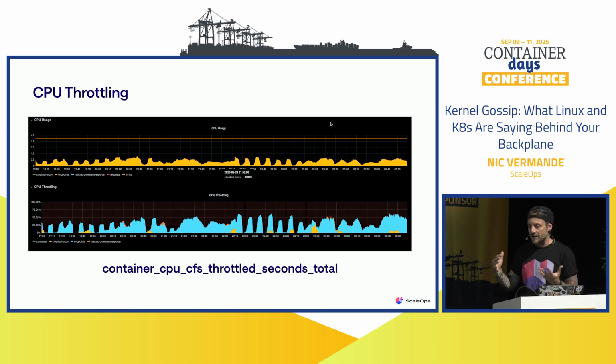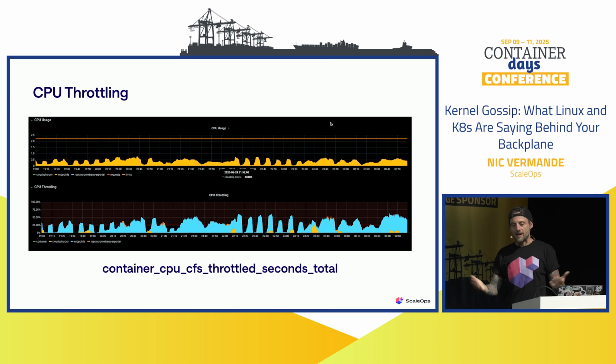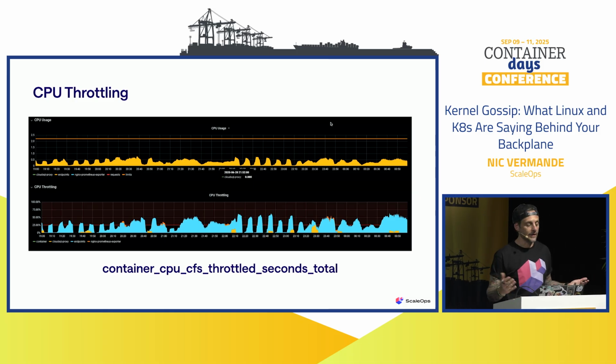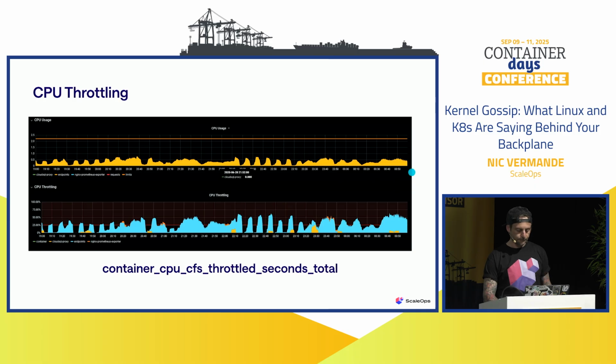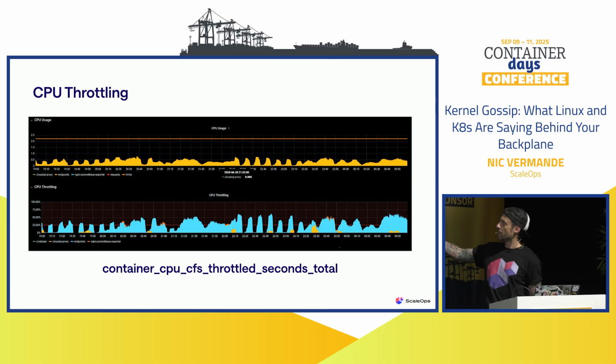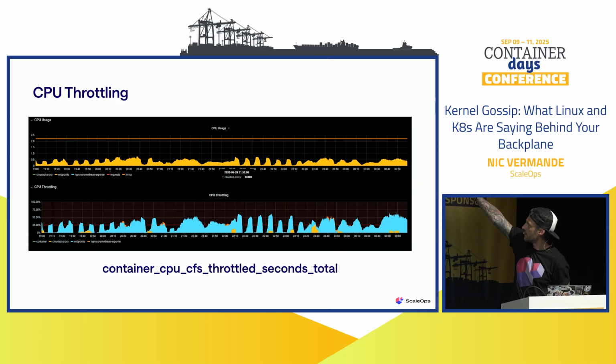But again, when I said use eBPF to monitor CPU throttling information, in fact, you can also do it with Prometheus. All right. Now, the difference is that, again, this is not available. So the throttling is on the bottom and CPU usage on the top.